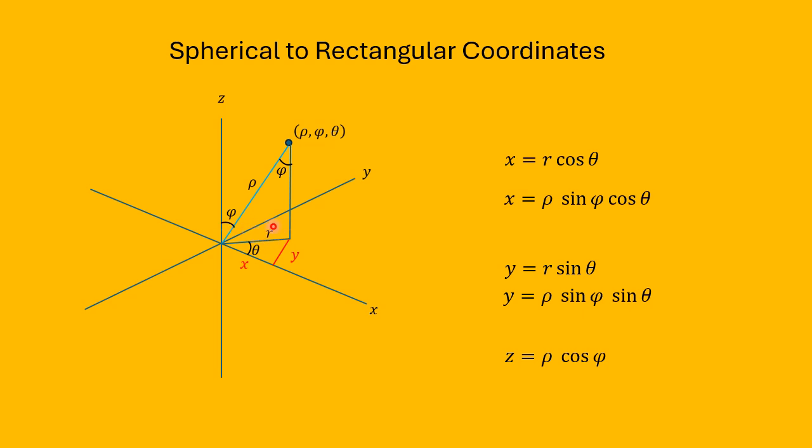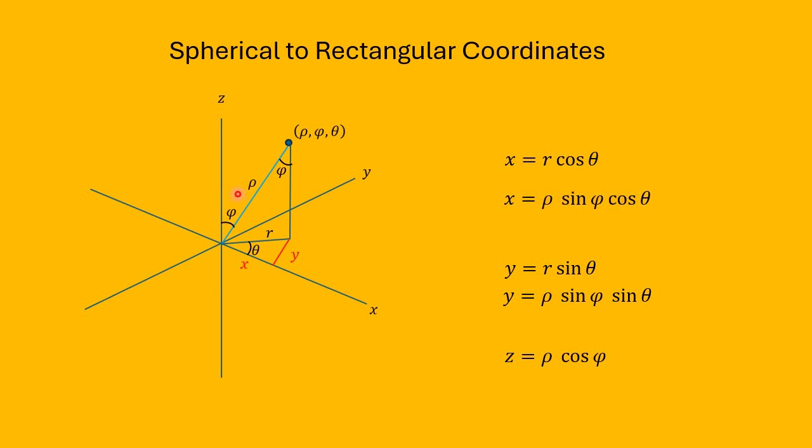So if we look at this, we can see that x over the hypotenuse is equal to the cosine of this angle theta. So that tells us that x is equal to r times cosine theta. But what about r? If we look at this bigger right triangle over here, we can see that r has to equal rho sine phi.